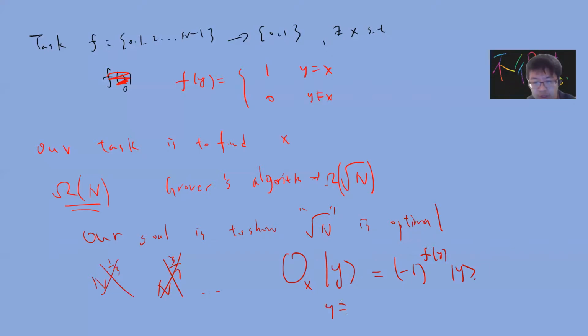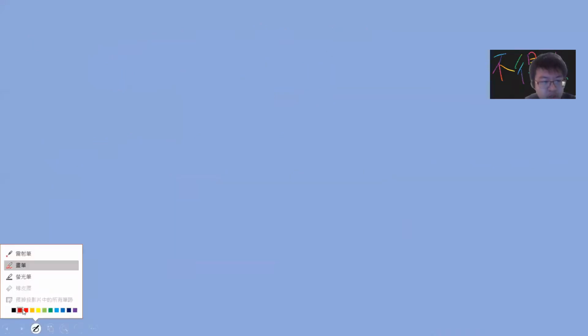If y is not the same as x, then O_x of y will be just y. Otherwise, O_x of x will be minus x. So this is Grover's algorithm. Basically, you make some combination and view it as a rotation, and you can get the square root. So the question is why square root of n is optimal. Let me go to the proof.